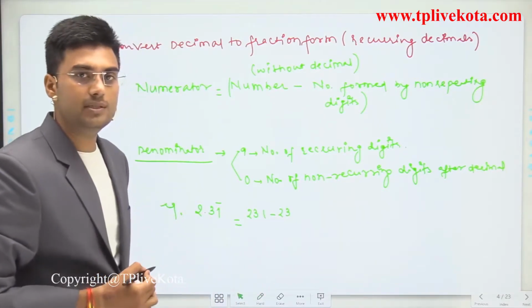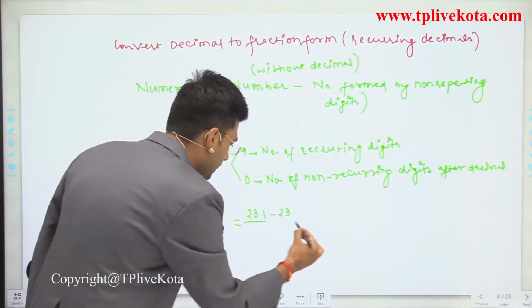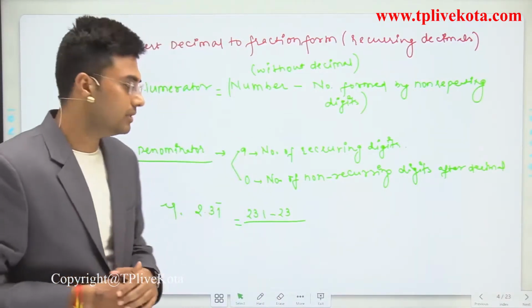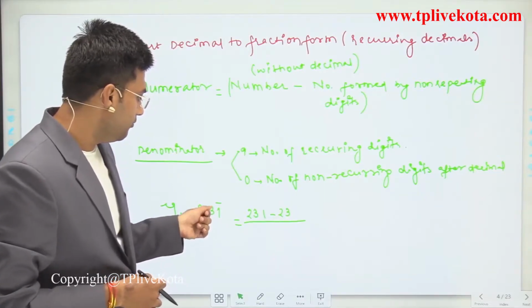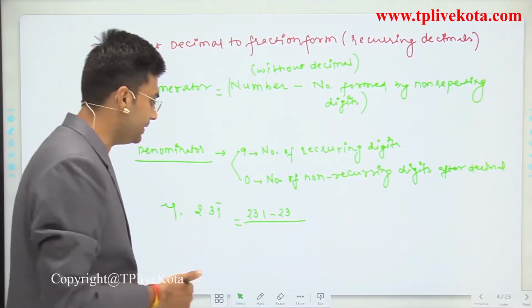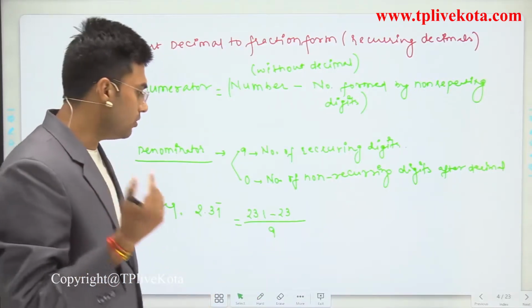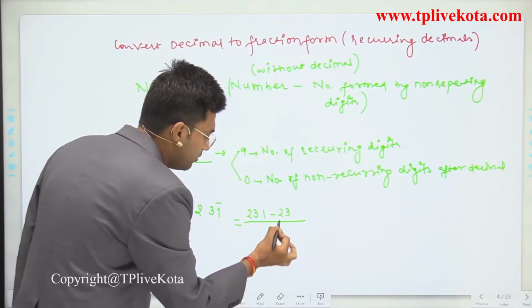So the number formed is 23, divided by, in the denominator we have 9 and zeros. The number of 9s should be 1 because only one digit is repeating, and after the decimal only one digit is non-recurring, so the number of 0s is also 1.